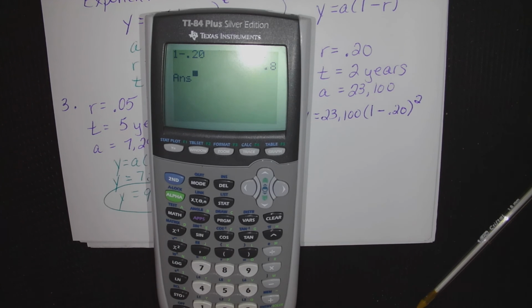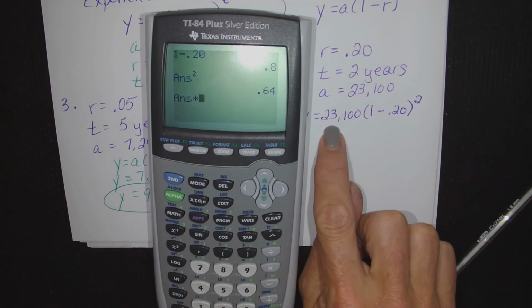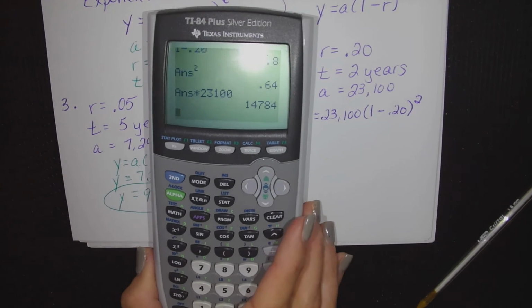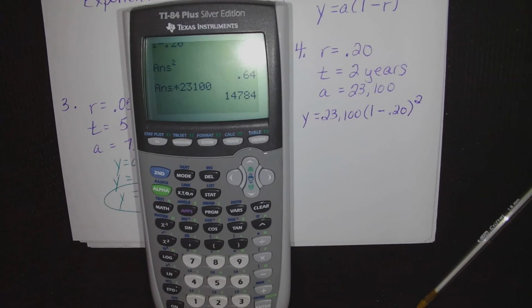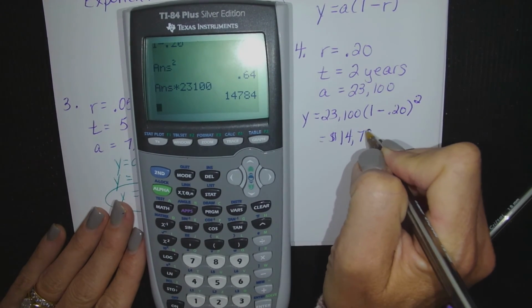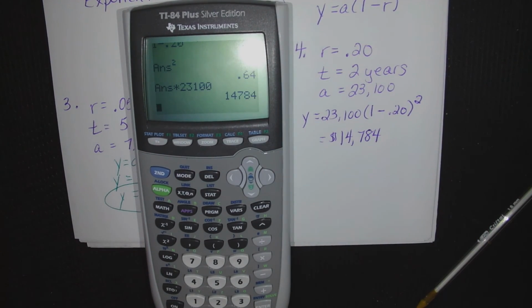Raise that to what power? Second, and you get 0.64. All right, one more step. Times that by the original price, 23,100. And you get 14,784. I get it now.